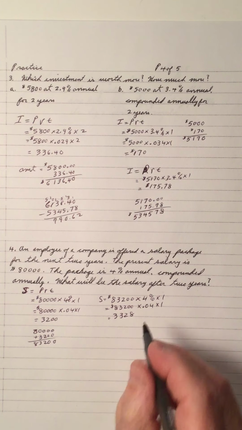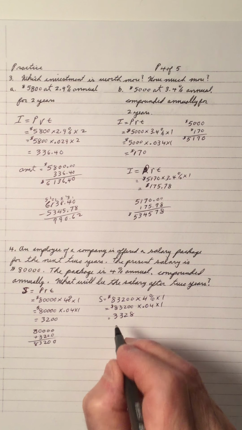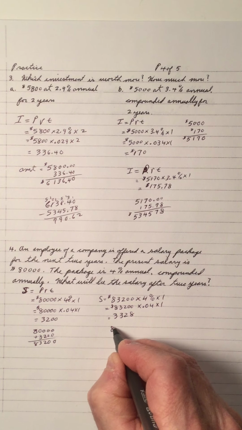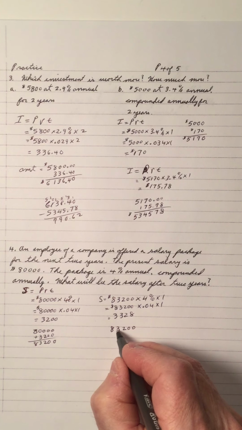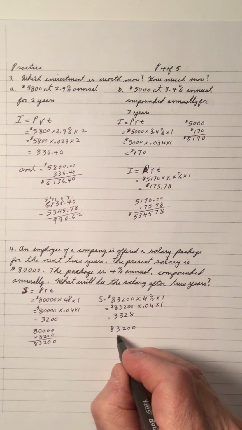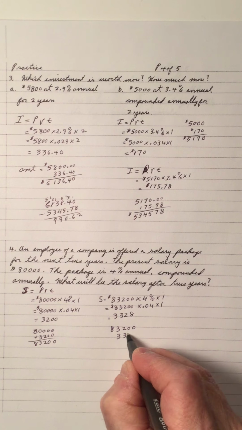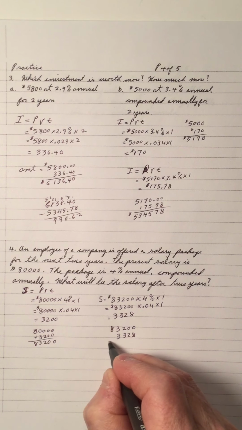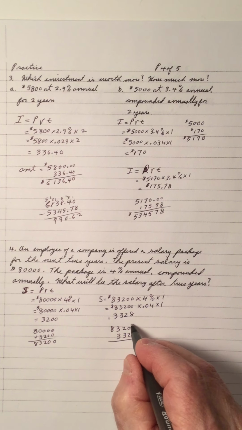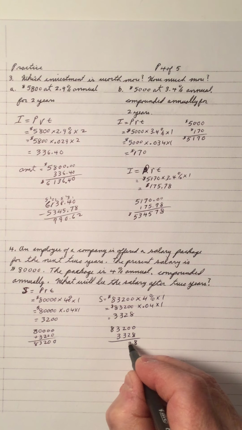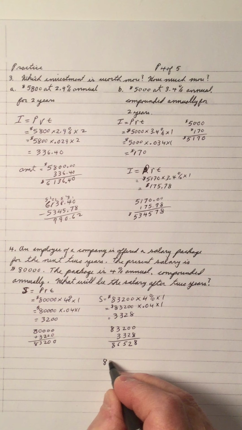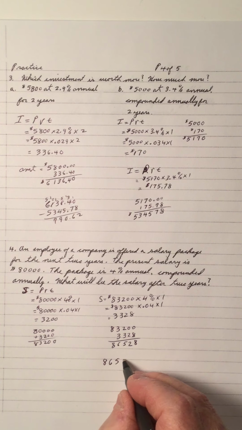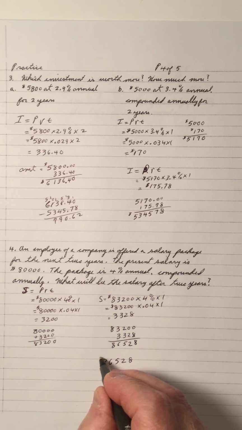So 3,328. So when you start off your next year's salary, second year, this is what you had starting off the first year. So when you add on the amount of money they're going to give you in your second year, so your second year salary is going to be $86,528.